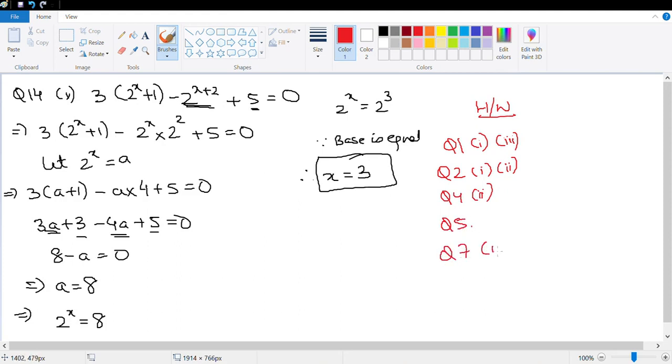Question 7, part 1, part 2. Question 8, the whole hint is given, so this one is really simple. Question 11, question 12, and question 14, part 2, part 4, and part 6. Thank you.